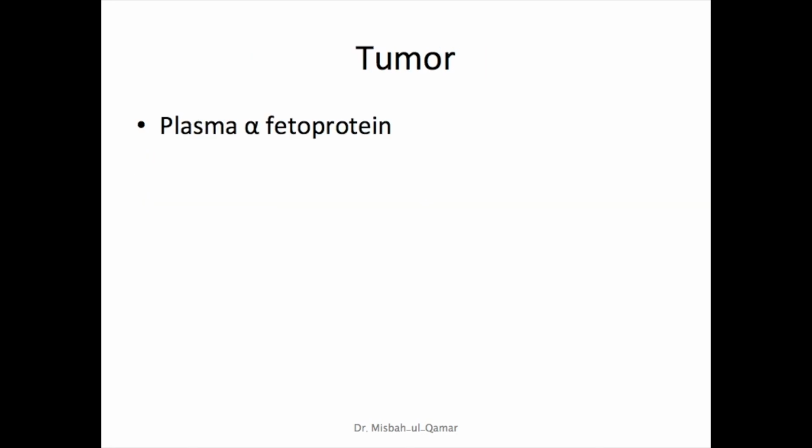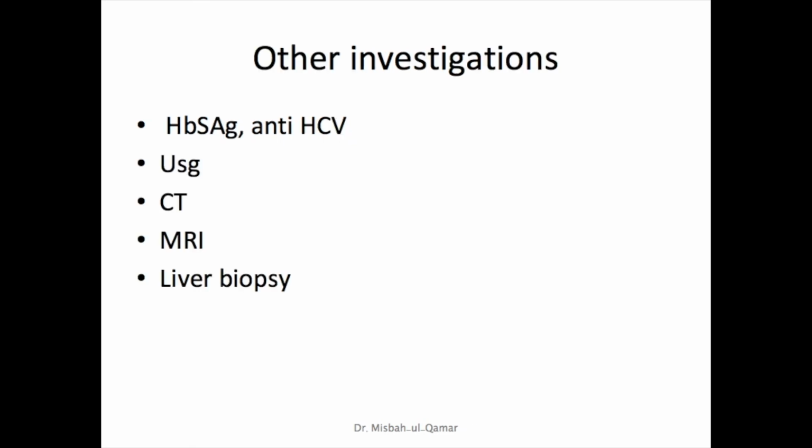In case of tumor, plasma alpha fetoprotein is increased in case of primary hepatoma. Well, the other investigations include the viral markers, ultrasonography, CT scan, MRI, and liver biopsy.